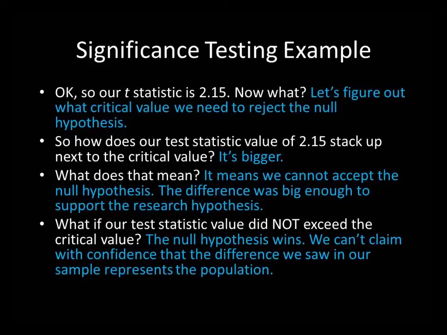They had 3 meetings on average, whereas the non-managers had 1 meeting per day on average. But we can't claim that that represents the population due to the test statistic not being big enough. It means that there's too much risk that it was possibly just due to chance.